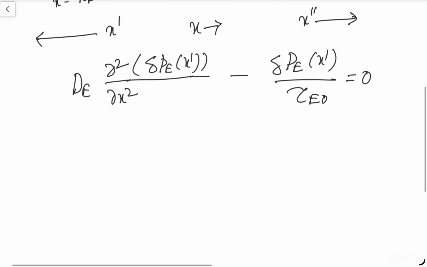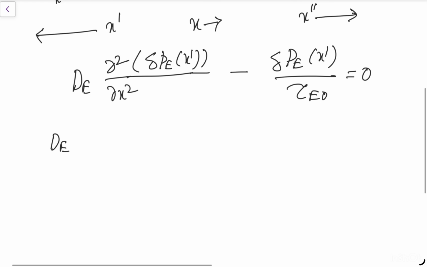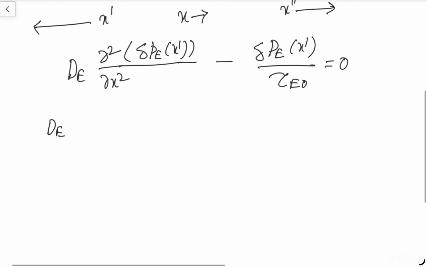If you do not know what De and tau e0 are, please revisit the earlier videos, that will help you understand. De is the minority carrier diffusion coefficient, which we already discussed in the diffusion mechanism.